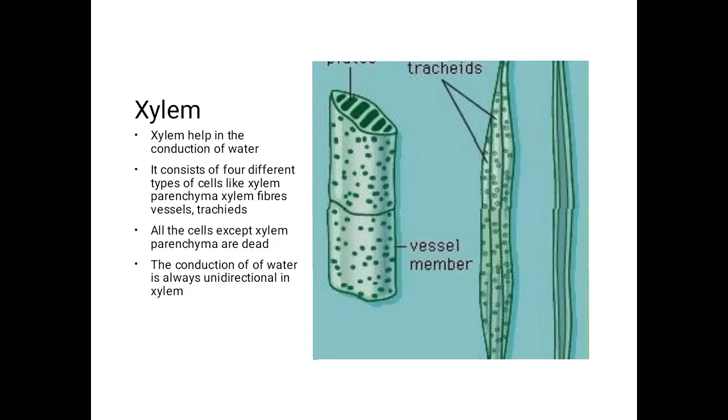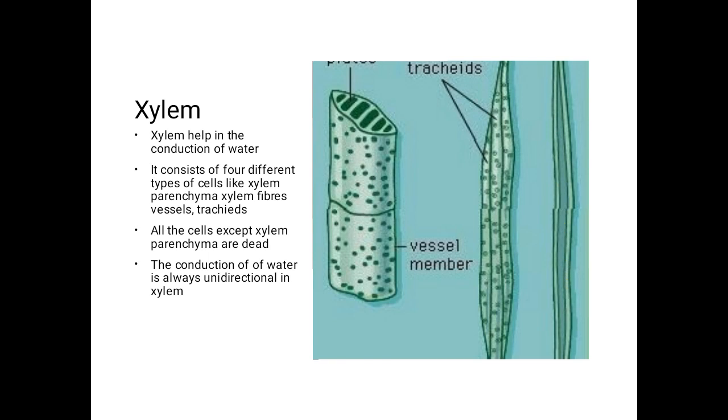Okay, so what is xylem? It is made up of four different types of cells, as they are complex permanent tissues, and the various cells found in them are xylem vessels, xylem tracheids and xylem fibers. These are actually sclerenchymatous tissues only.